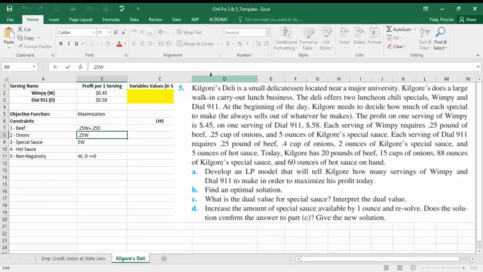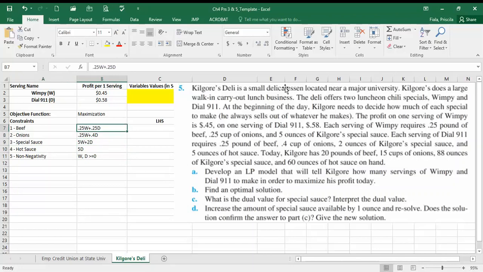Now it requires 0.4 cup of onions, so 0.25 of Wimpy plus 0.4 of Dio 911, 2 ounces of Kilgore's special sauce, so 5 ounces of Wimpy and 2 ounces of Dio 911, and 5 ounces of hot sauce.